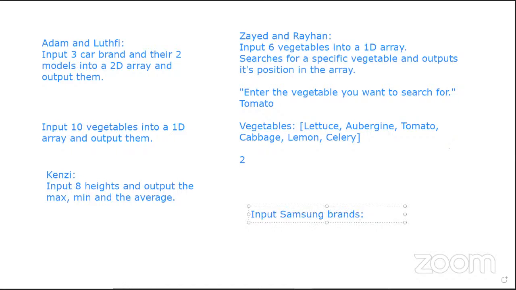And then once it reaches the second row, it will say input Xiaomi brands. And then once you reach the third row, it would be Apple brands. Now there's a variety of ways you can do this, but every time the program moves to another row, I want it to have a different input statement. Okay, so you got it? Yeah.